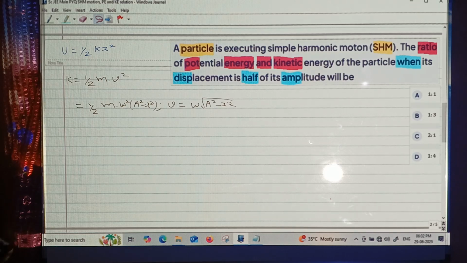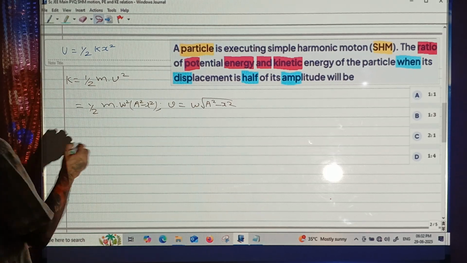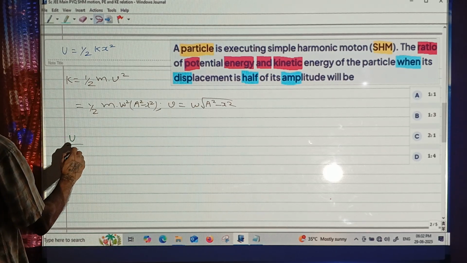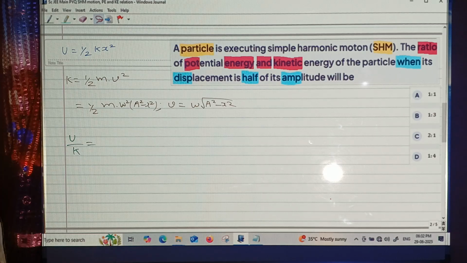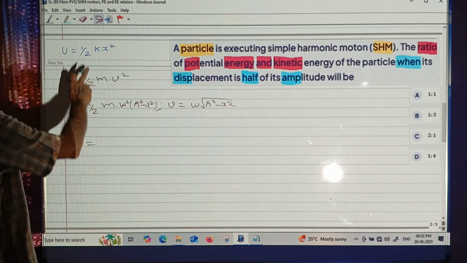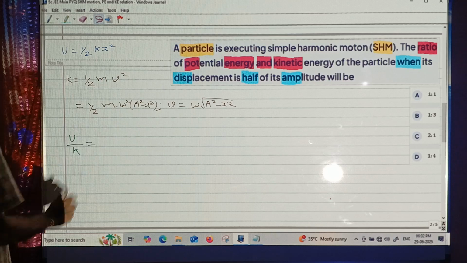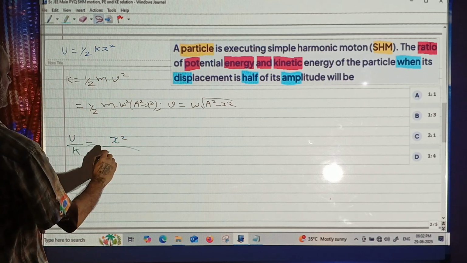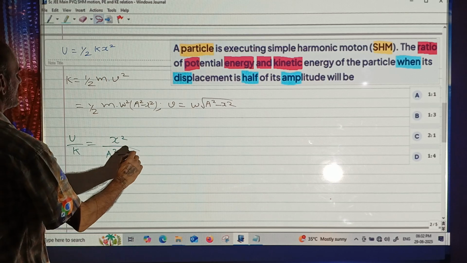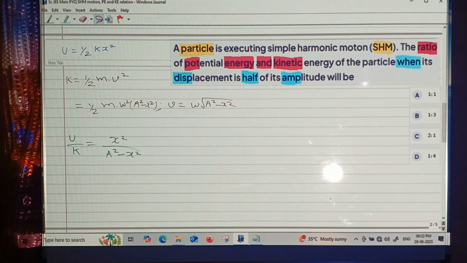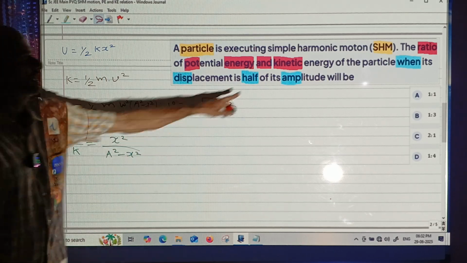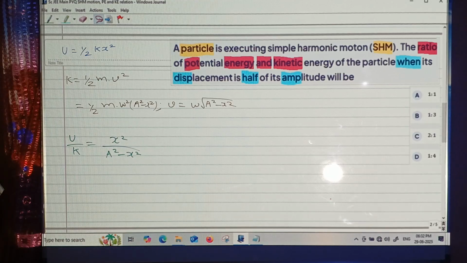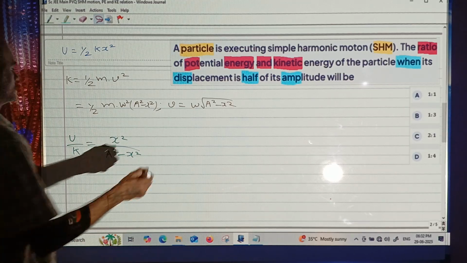And for SHM, k equals m omega square. So to find the ratio U by K, k and m omega square will cancel, half will also cancel. So it's x square by a square minus x square. We have to find the ratio when the displacement is half the amplitude, so x is a by 2.